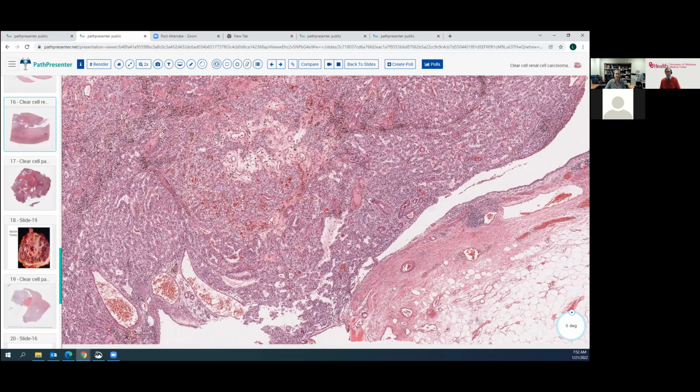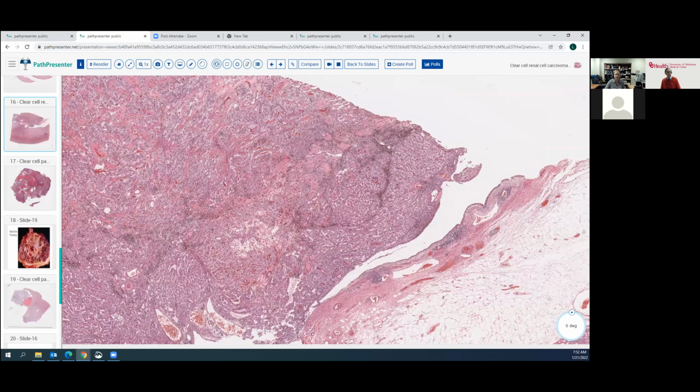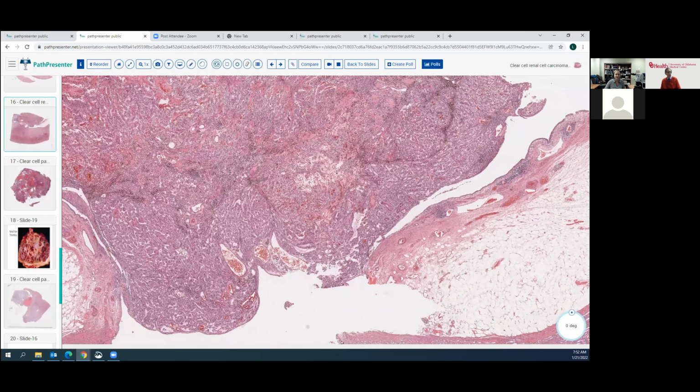And it's funny because back when he was developing the test, clear cell renal cell carcinoma exfoliated into the urine a lot more often than it does nowadays. So this would be a great tumor where we'll probably see tumor cells in the urine specimens. I thought this was an interesting case because I don't see this very often, where it's actually invading into the renal pelvis.